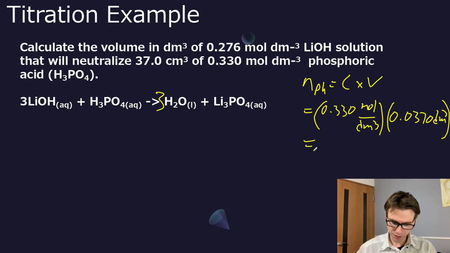Alright, so put those in the calculator. We should get 0.01221 roughly moles of phosphoric acid.